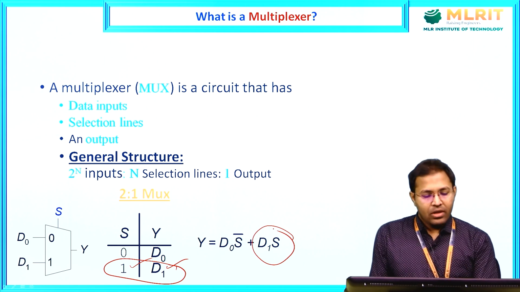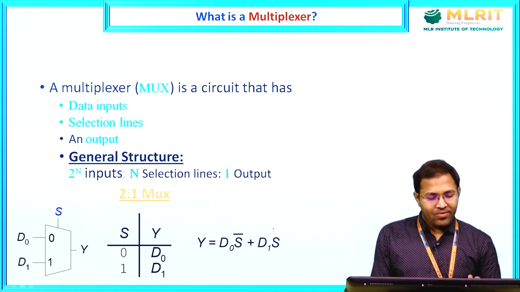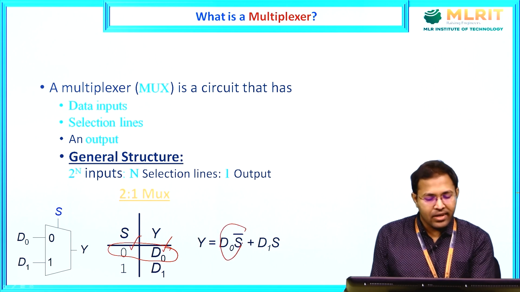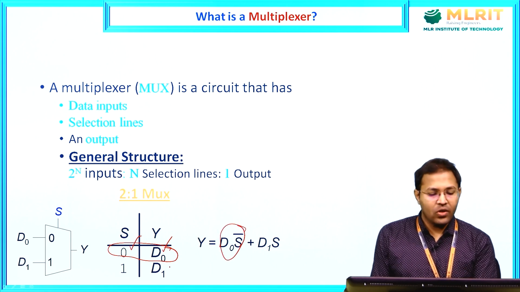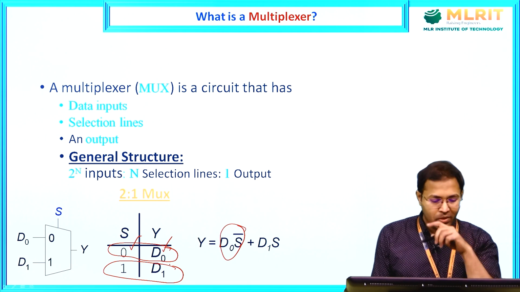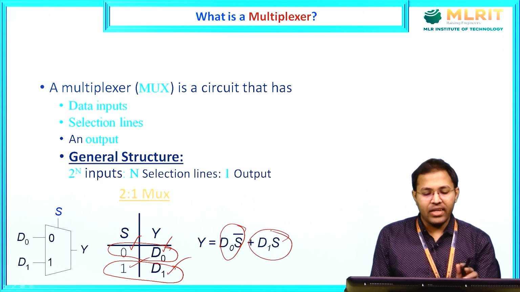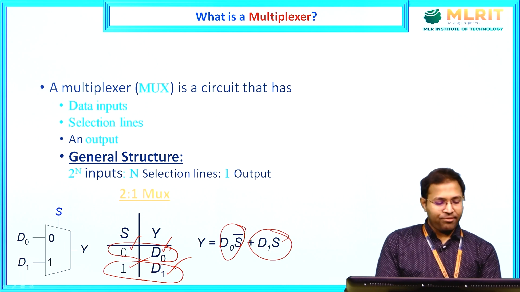So corresponding to the first row we have D0 into S bar, and corresponding to the second row we have D1 into S.